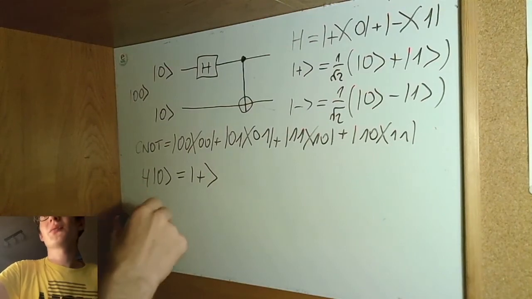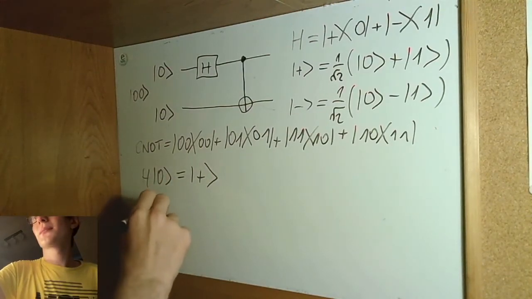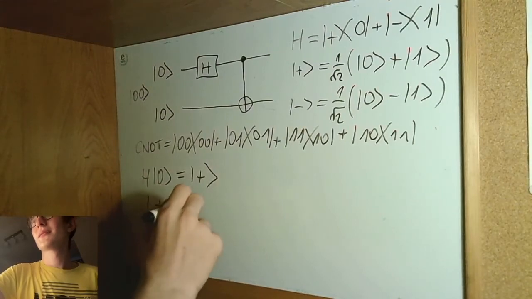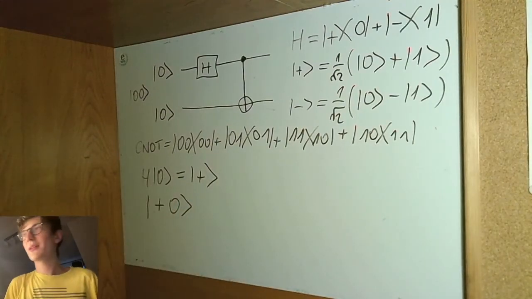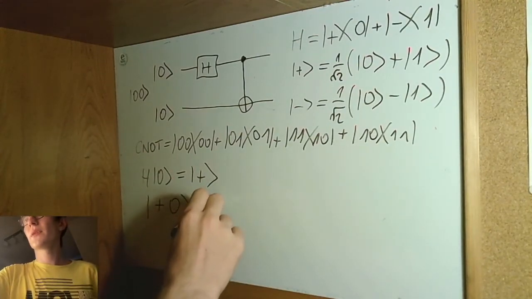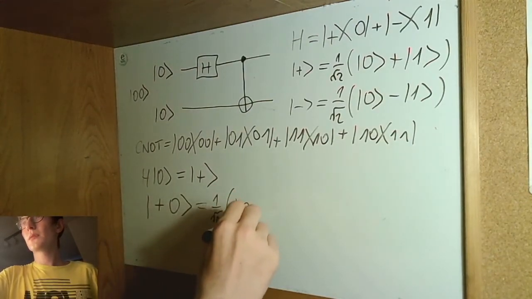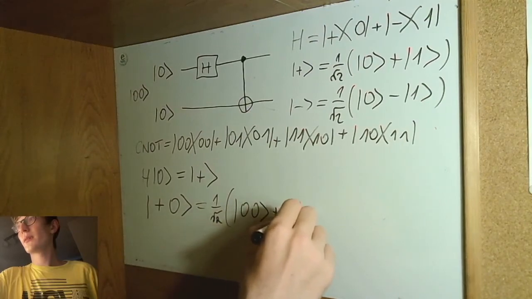And the resulting pair is plus 0 before CNOT is applied. So we can write it as 1 over square root of 2, 0, 0 plus 1, 0.